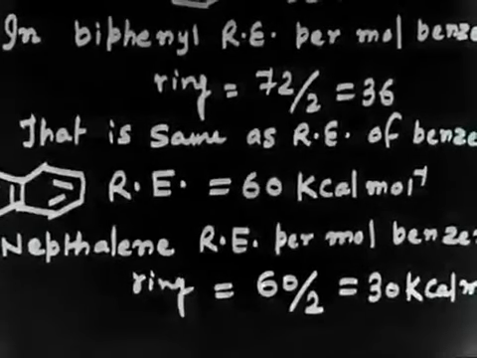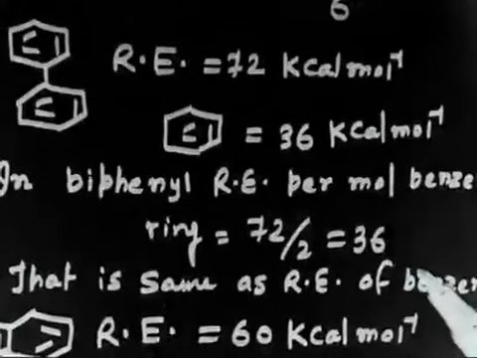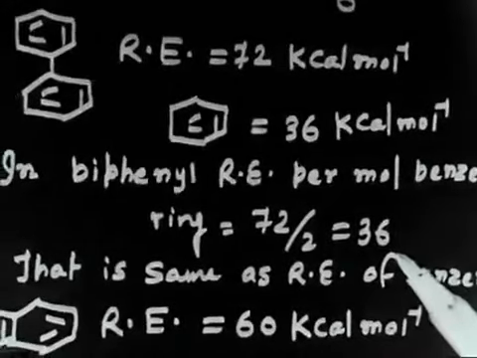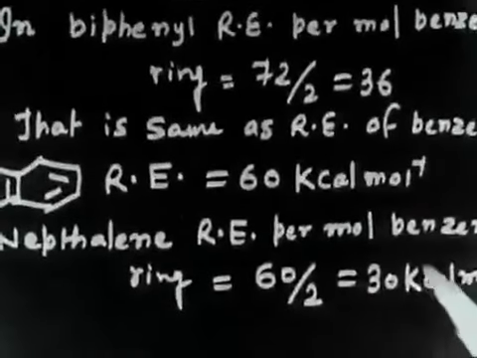But in biphenyl this is 36. Are you getting? So per mole of benzene ring, biphenyl has more resonance energy than naphthalene.